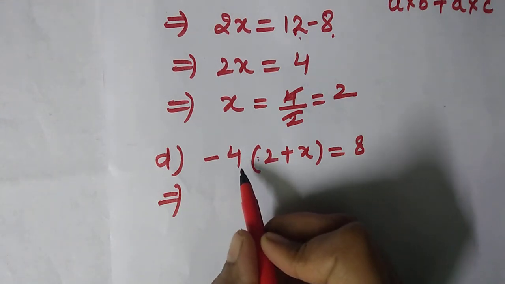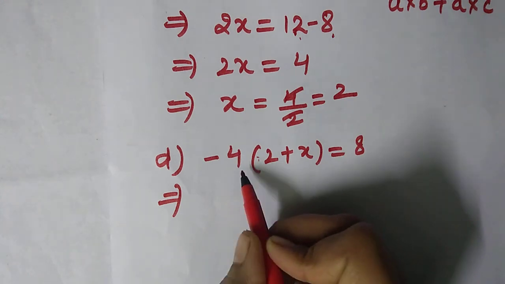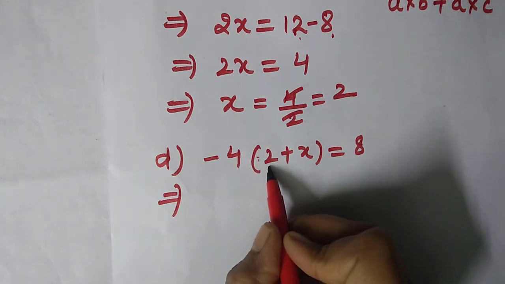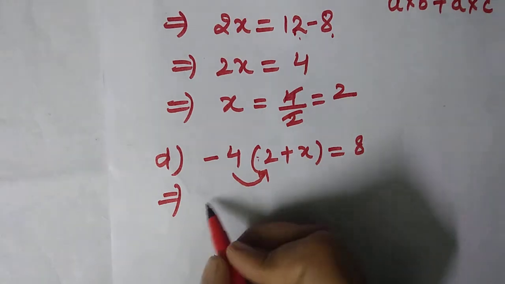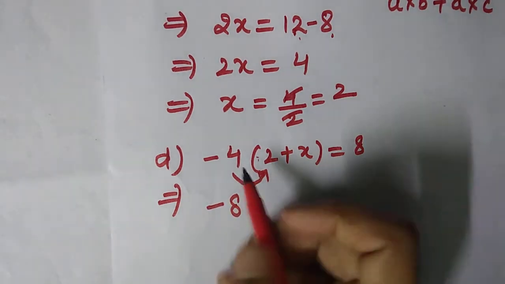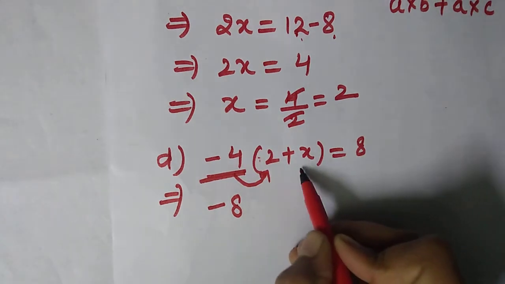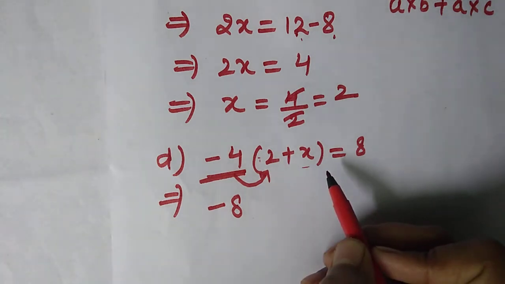Whenever one negative and one positive number multiply, we will get a negative number. So -4 when multiplied with 2, first you need to multiply with this number. -4 into 2 is -8. Now this -4 should be multiplied with plus x. Again I am applying the distributive law.